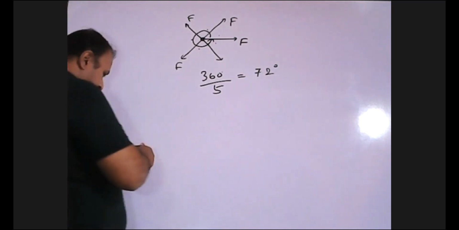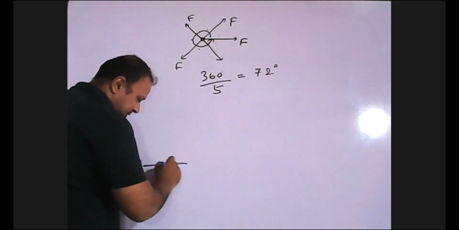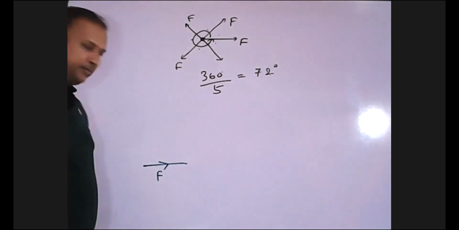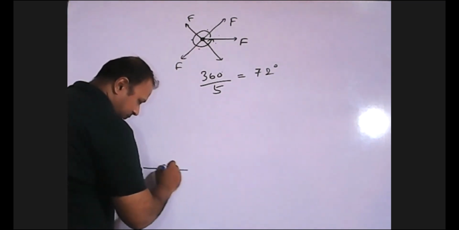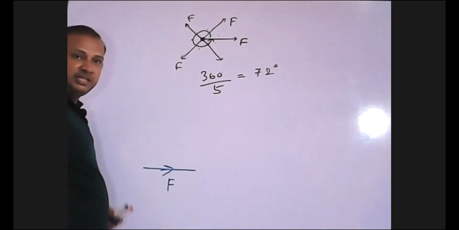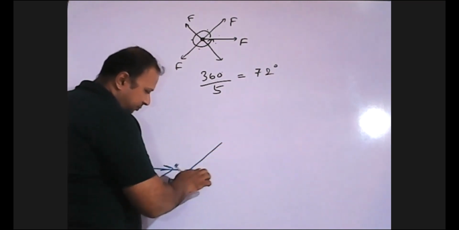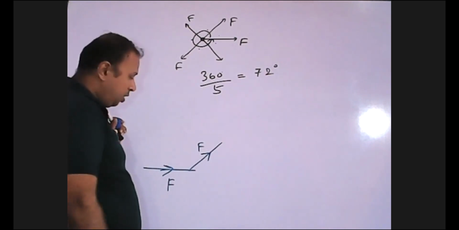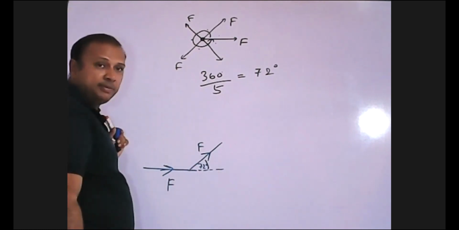So draw all the forces in a polygon. Now this is the first force, F. Then this is the second force, F. You know the angle between them is 72.